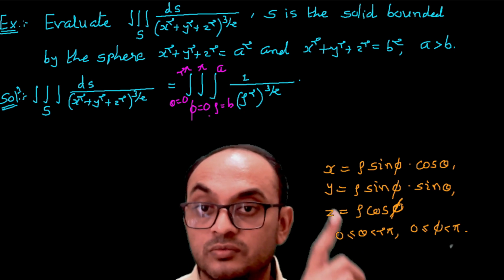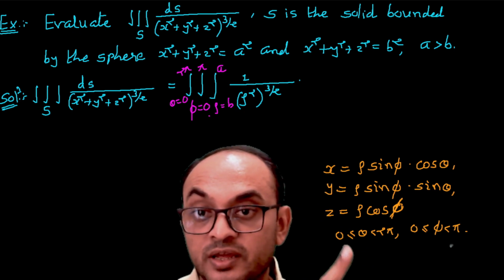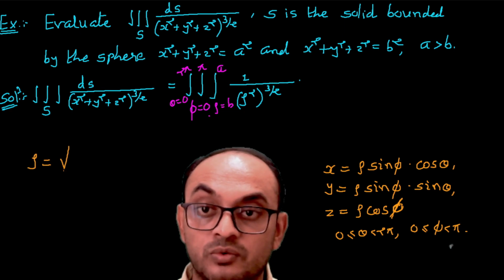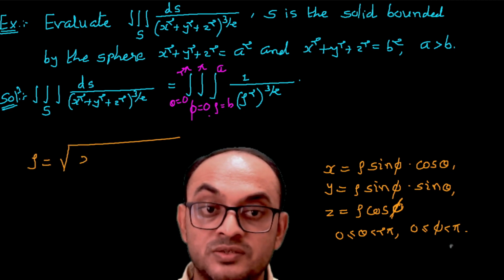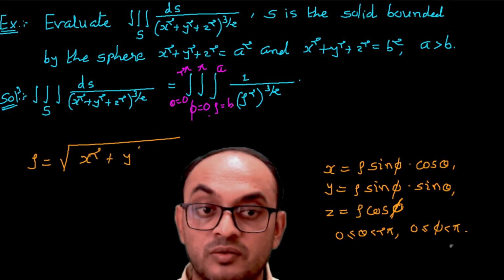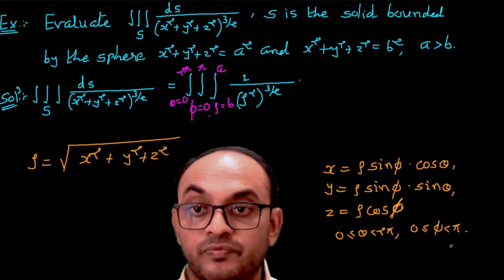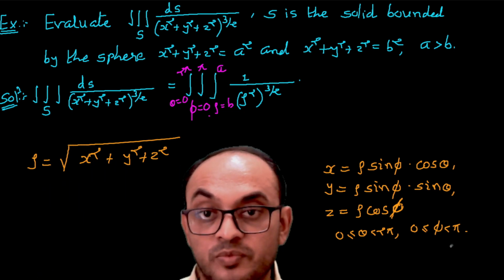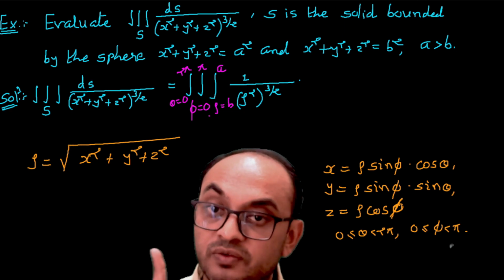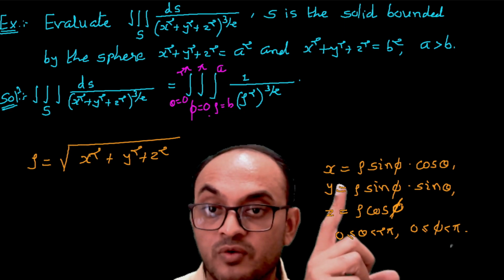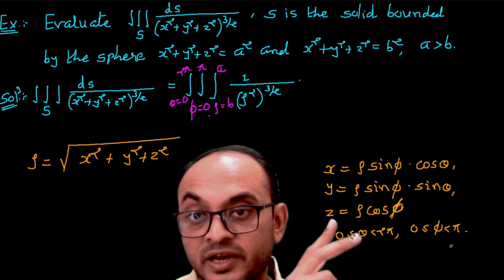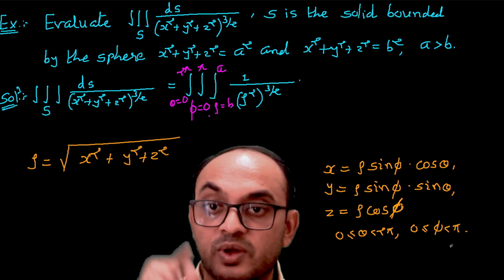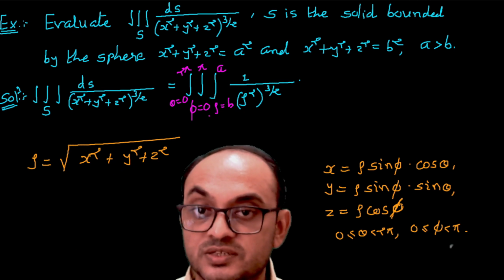For these coordinates x, y and z, we know that rho is equal to the square root of x square plus y square plus z square, or you can write rho square is equal to x square plus y square plus z square. That is not difficult to prove. Just take the square of each variable and add them, so easily you can find that rho square is equal to x square plus y square plus z square.